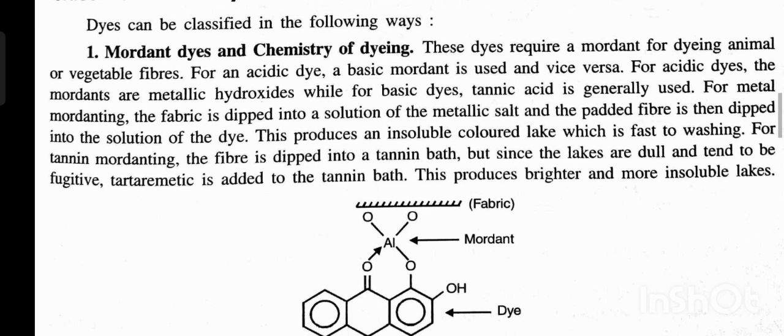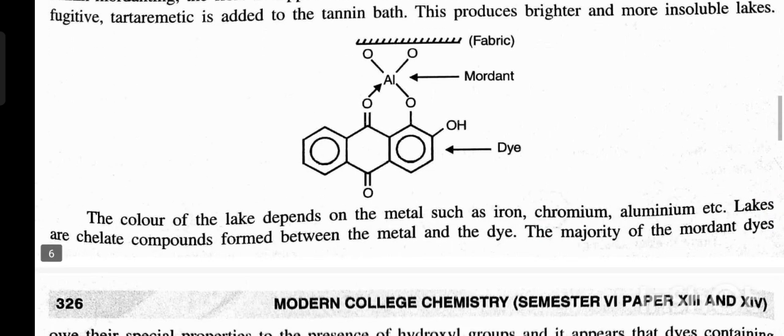For tannin mordanting, the fiber is dipped into a tannin bath, but since the lakes are dull and tend to fade, tartar emetic is added to the tanning bath. This produces brighter and more insoluble lakes. The color of the lake depends on the metals such as iron, chromium, aluminium, etc. Lakes are chelated compounds formed between the metal and the dye.